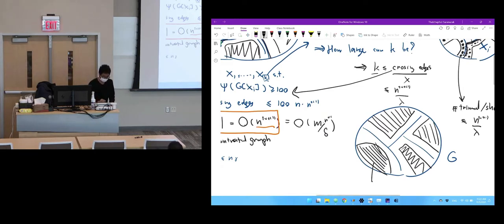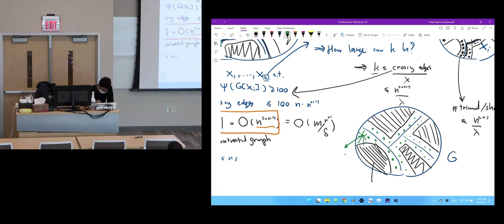Now let's look at the regular nodes that are also in G prime. Each of these will have degree at least what in G prime? Well, the degree will be at least delta.